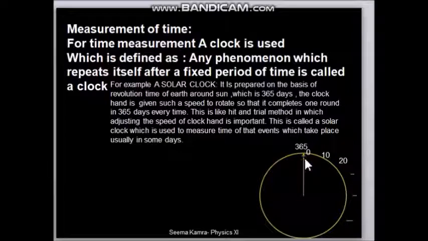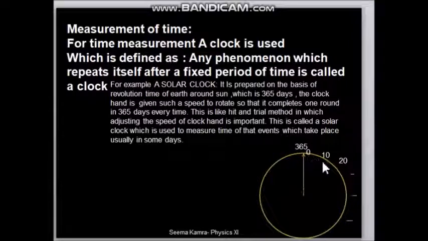Now this will not be achieved in one time. That's why we want that event to be repeating. So after one trial or a second trial or a number of trials, we will be successful in making this type of clock in which when the Earth starts its revolution around the Sun from a fixed position, this hand will also start moving.